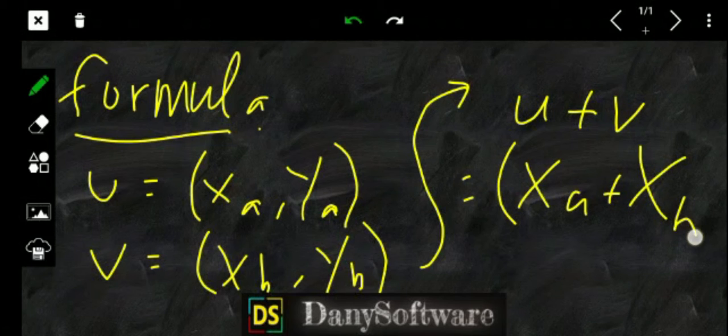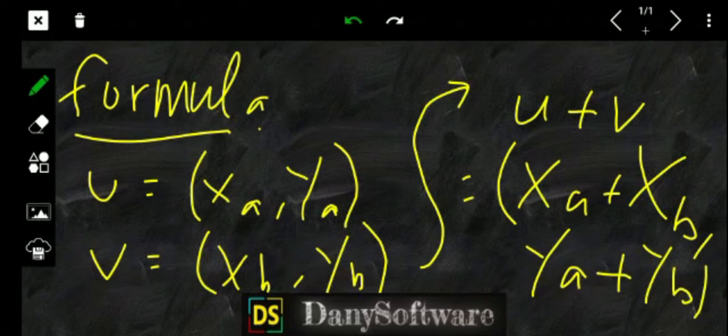So vector u plus vector v is equal to xa plus xb and ya plus yb.